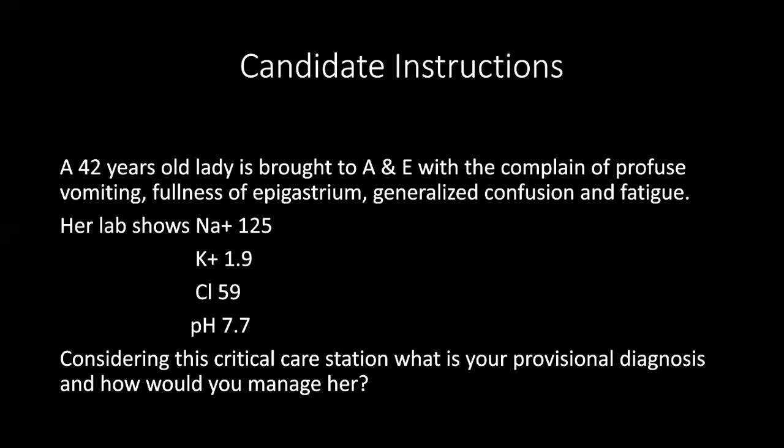I will manage the patient according to the critical ill patient management protocol and the ABCD approach. I will check the airway, breathing and circulation. I will secure the IV line, give isotonic fluid, 0.9% normal saline, and potassium supplement.